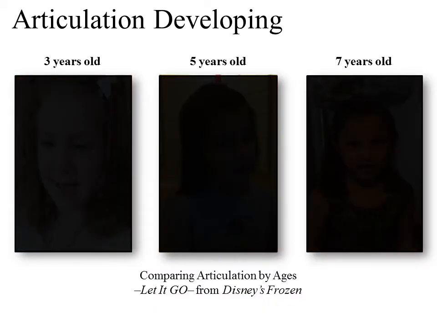According to the list, here are examples of ages 3, 5, and 7 years old. Let's see the development of articulation.